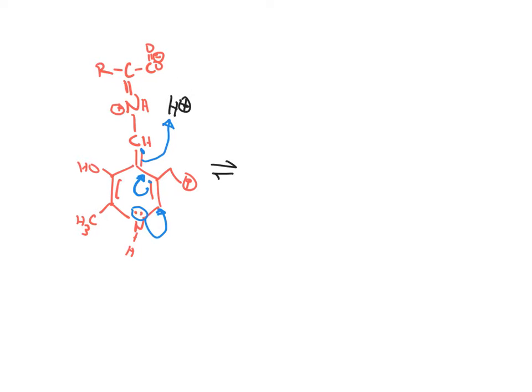Okay, so now I'm going to draw the benzene ring, which we're actually finished with at this point. That's a nitrogen. There's only one bond between the aromatic ring and the carbon.